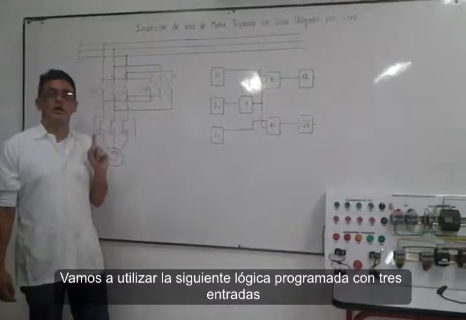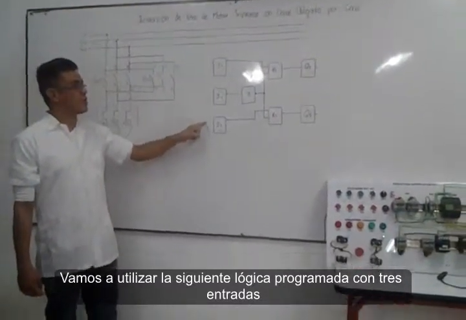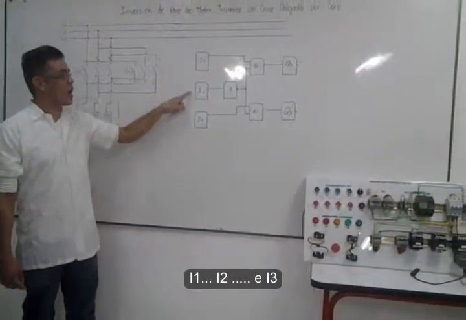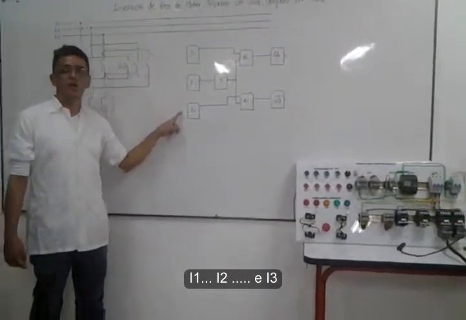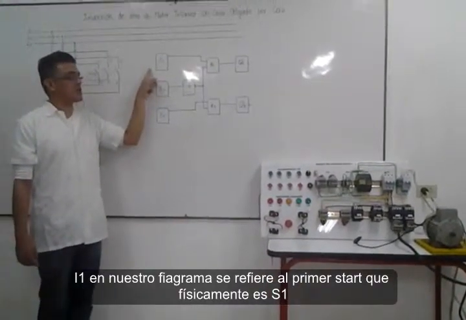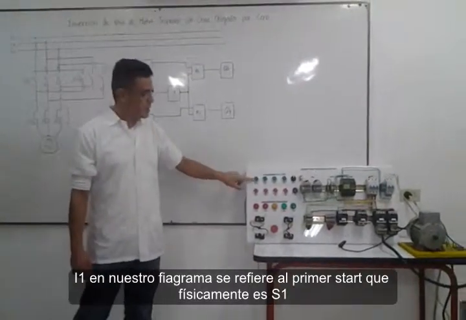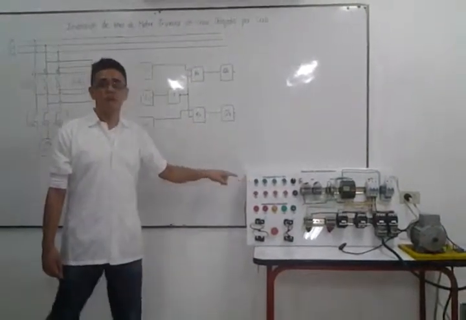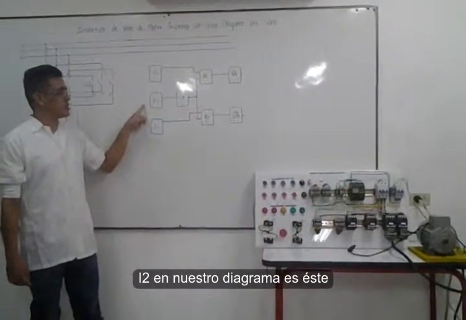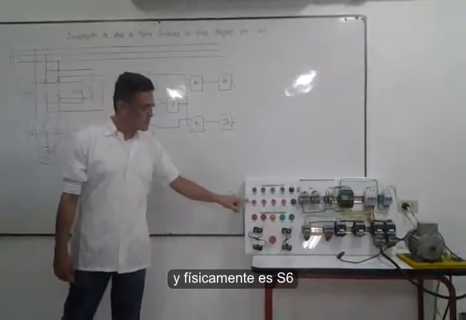We will use the following 3 inputs: I1, I2, and I3. What is I1? I1 in our scheme refers to the first start that physically is S1. I2 in our scheme is this, and physically is S6.